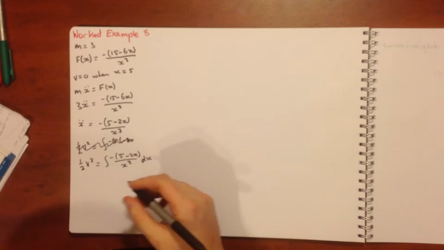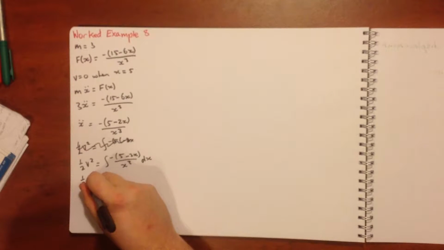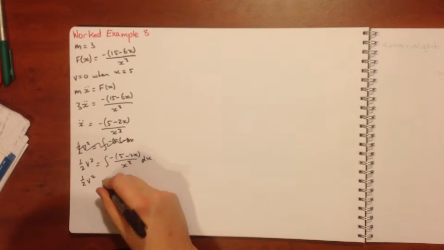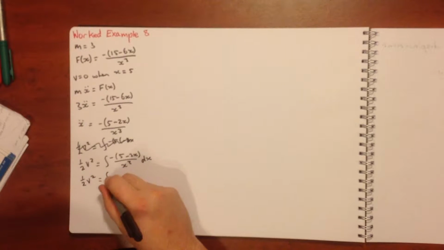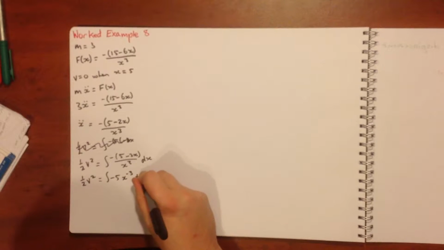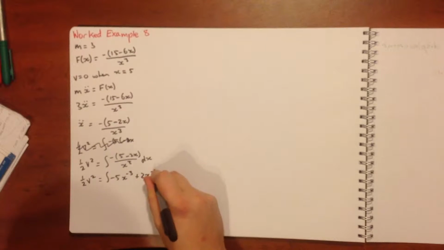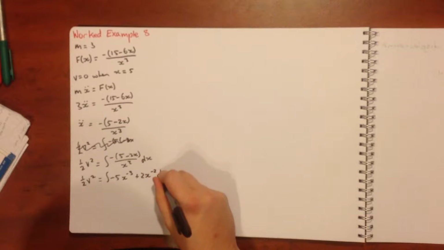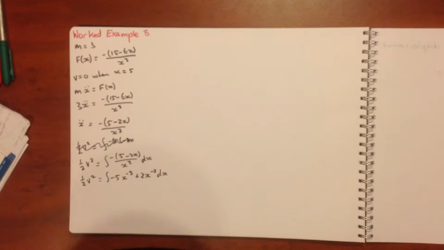So a half v squared is equal to the integral of negative 5x to the negative 3 plus 2x to the negative 2 dx, just rearranging our equation.